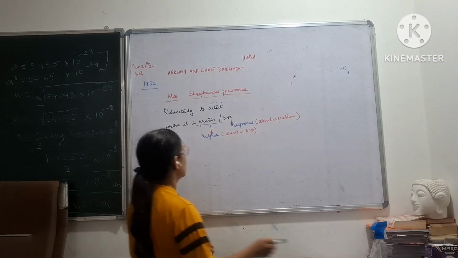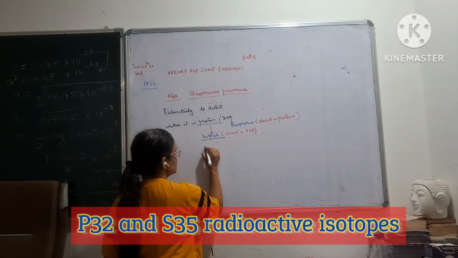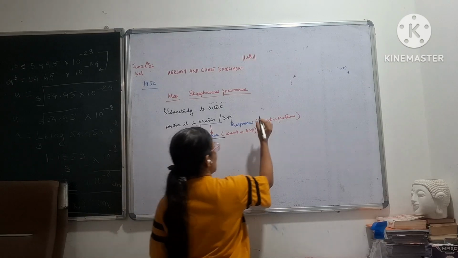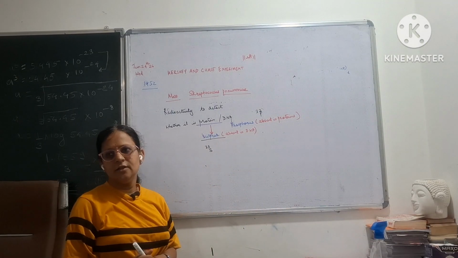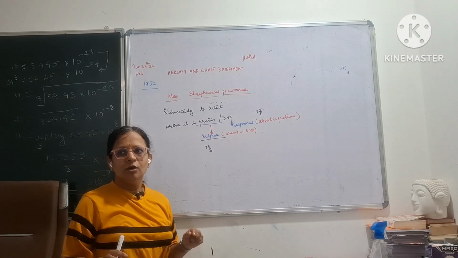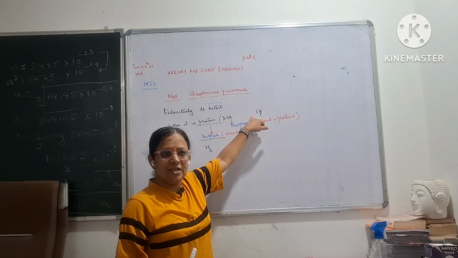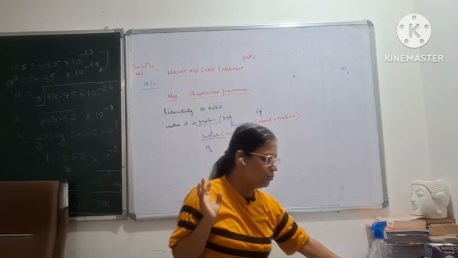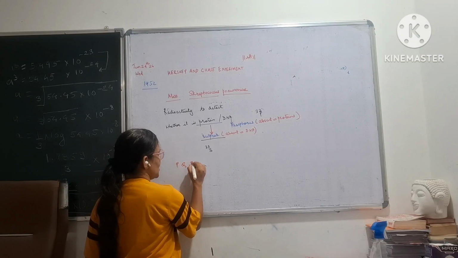Now, what is the radioactive element? Sulfur is S35 and phosphorus is P32. Right? There shouldn't be any jumbling between the atomic mass of sulfur and phosphorus taken. Very simple way to memorize is what? How do we learn P, Q, R, S?